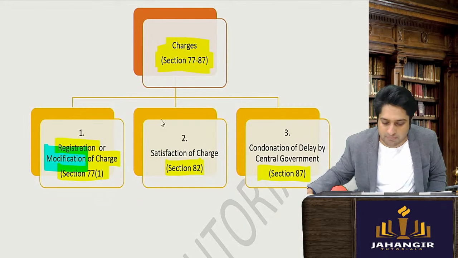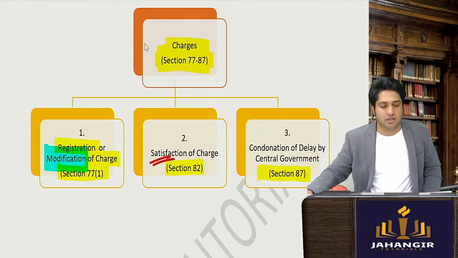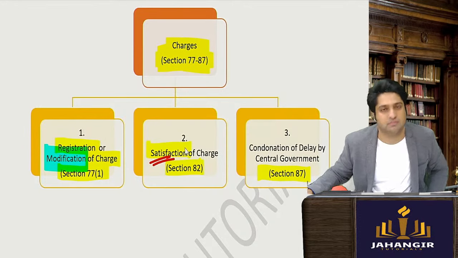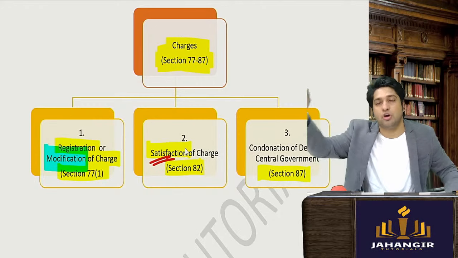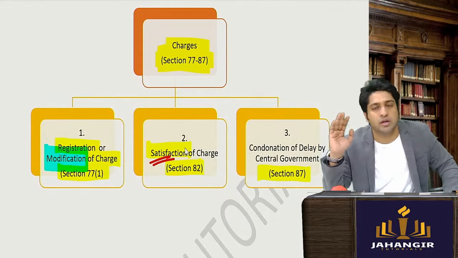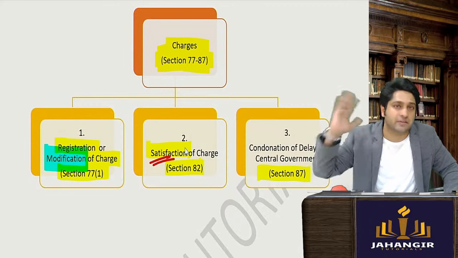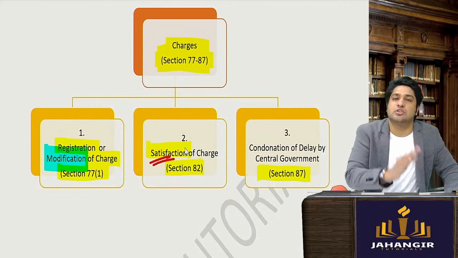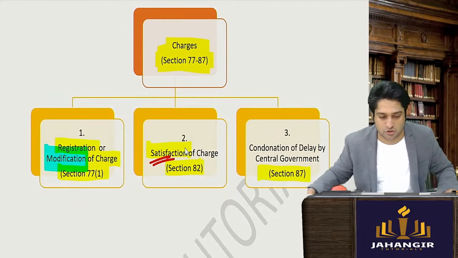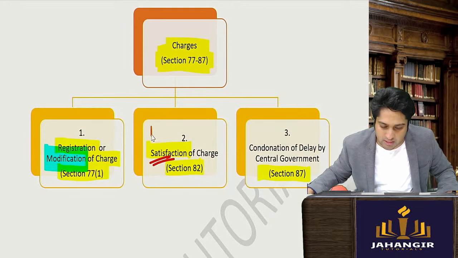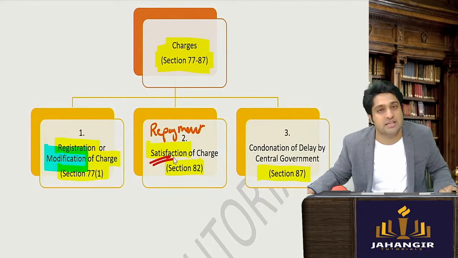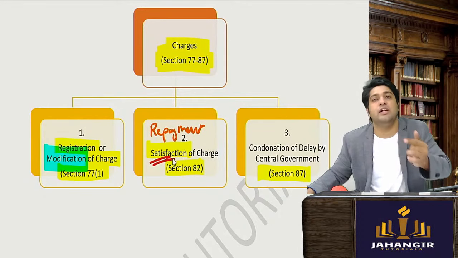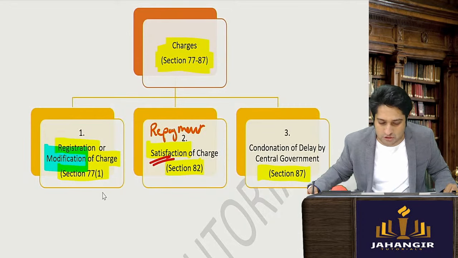Next, what do you mean by satisfaction of charge? Let's say the charge has been created, the tenure is over, 35 years are over, and the loan has been repaid. That is called satisfaction of charge. It means repayment of the loan amount is called satisfaction. Again, you need to inform the ROC. That's the closing.